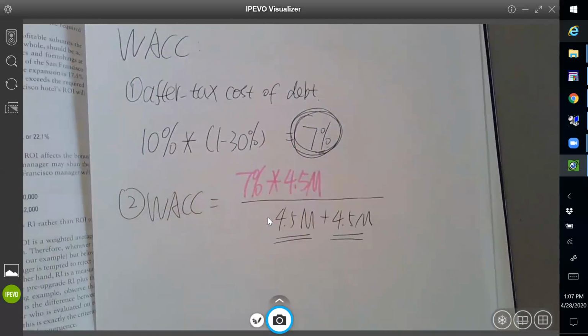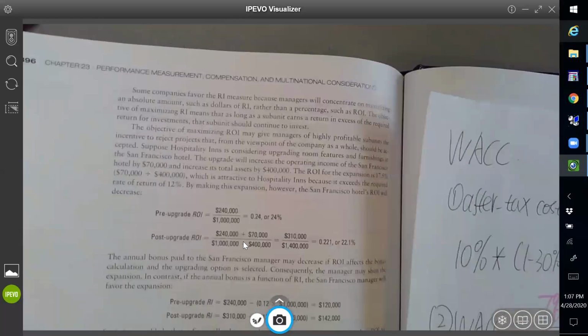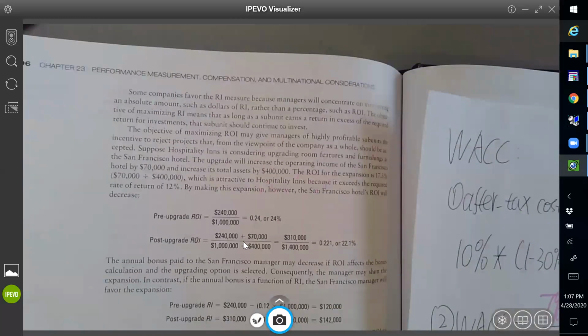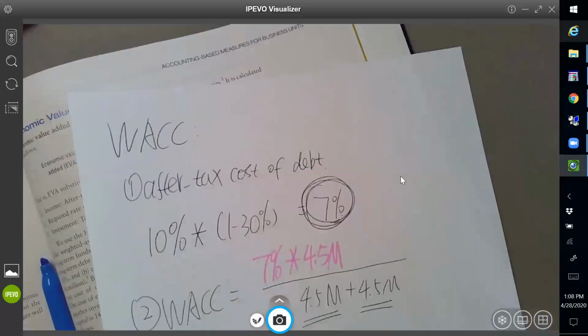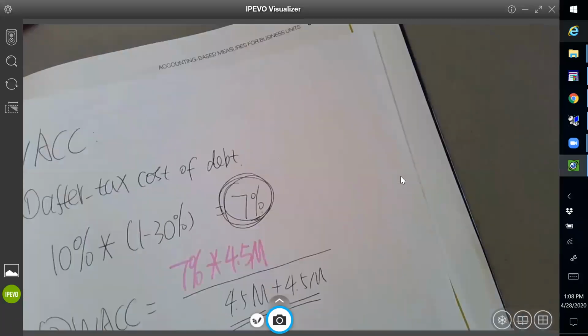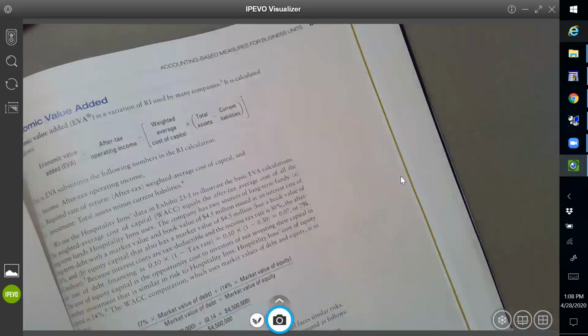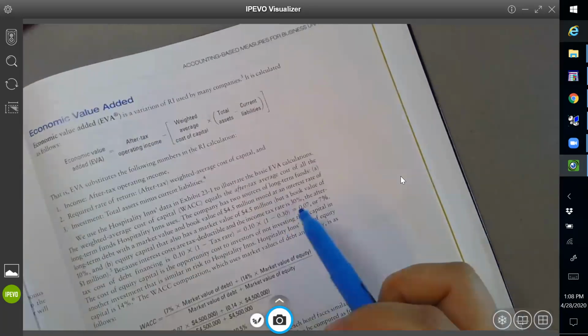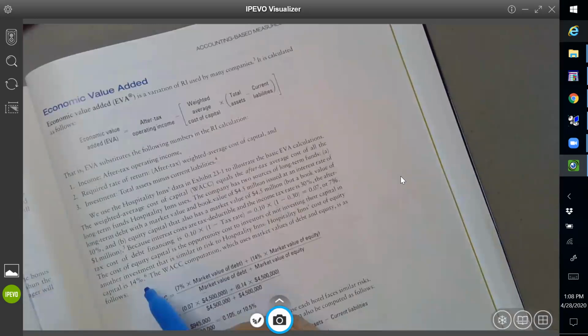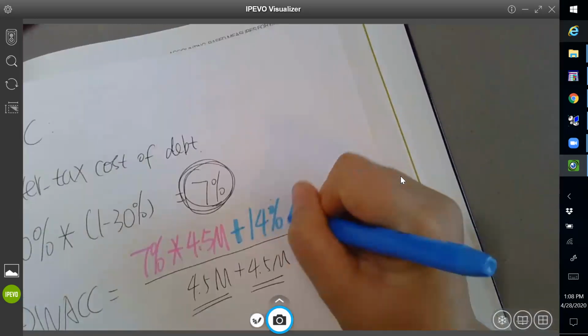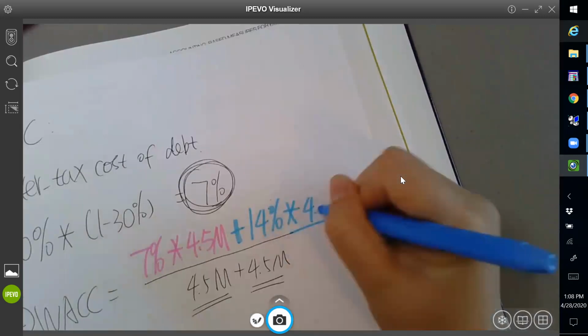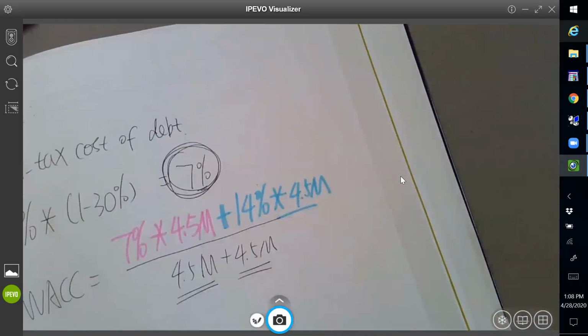Our cost of equity is just the original, the textbook told you it is 14%. Cost of equity is just your original 14%. And then we multiply by the total money we got from equity, which is 4.5 million.